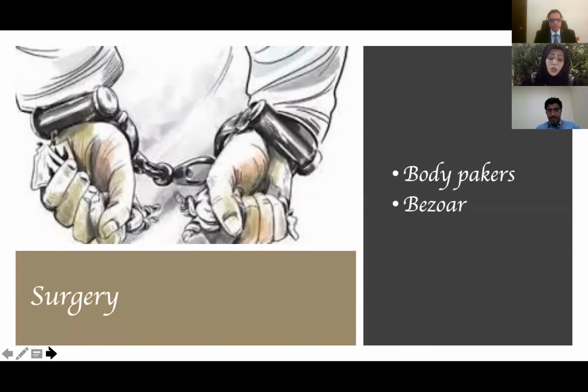They pack their body with a huge commercial amount of illegal drugs. And sometimes they are caught in the airport or in any port. Those patients should go to surgery, because if one of those bags leaks, it's a lethal amount. So you don't play with those. It's a surgery tox case.